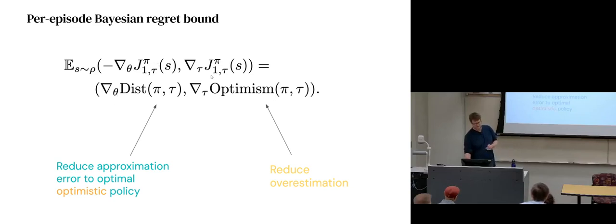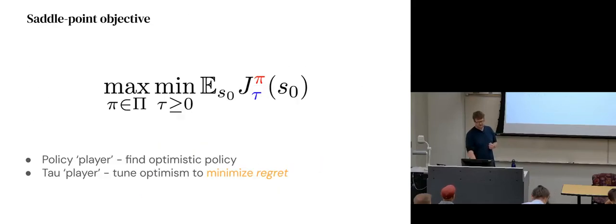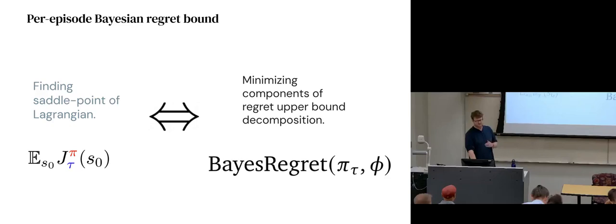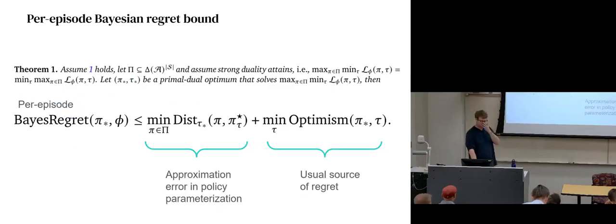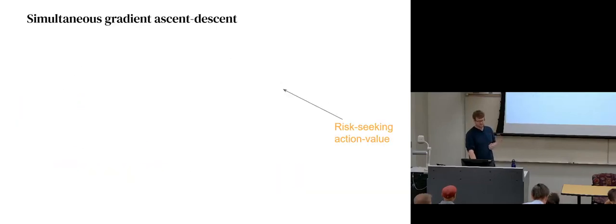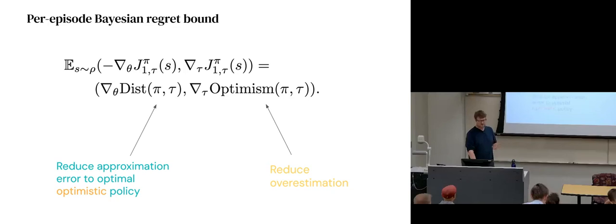So this is like a gradient of the distance, and the gradient with respect to the optimism tau is just trying to reduce the overestimation, which they're both trying to push down the Bayesian regret. So it looks like they're maxi-min, like the two players are competing when they're trying to solve this problem. Actually, it turns out that they're working together to try to minimize their Bayesian regret upper bound.